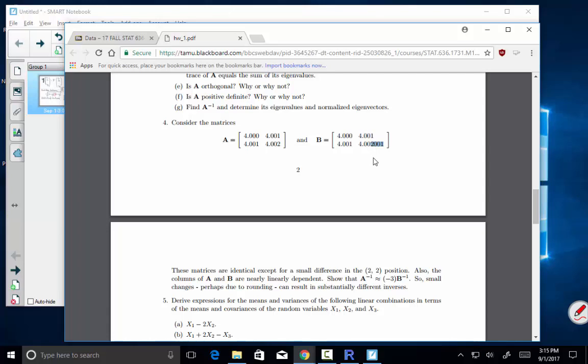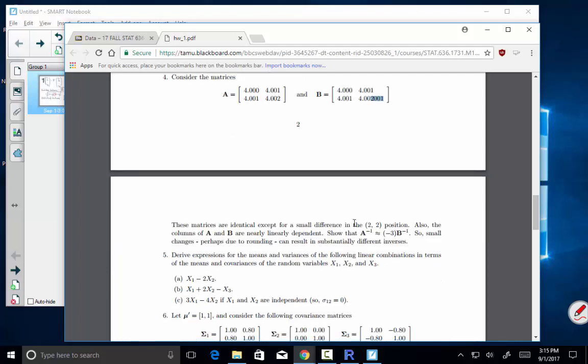So just looking at it roughly, these are basically the same 2 matrices. And then I want you to compute the inverse of each of these matrices. And note that while A and B are nearly identical, their inverses are not.